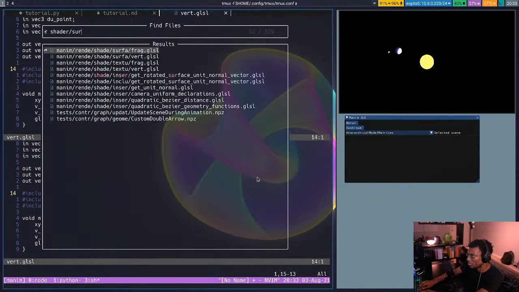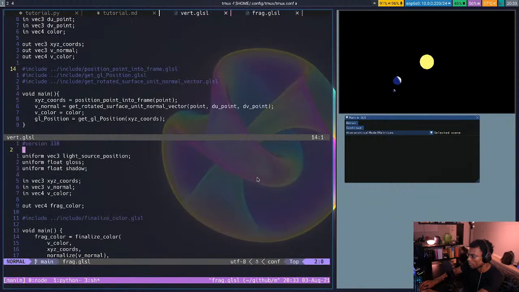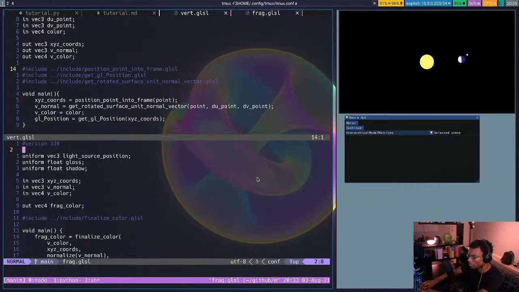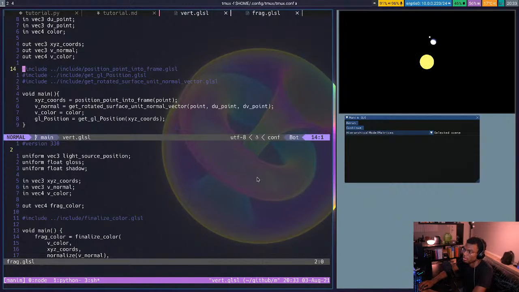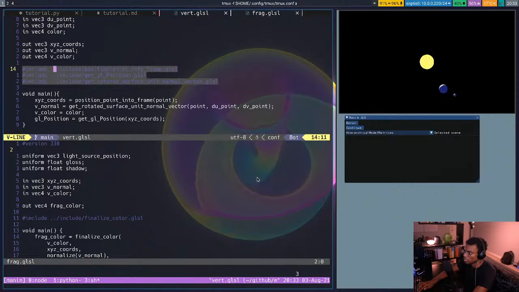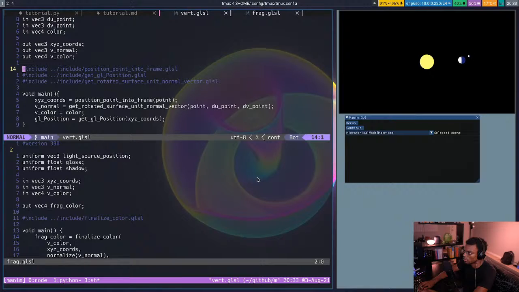Wait, let me see. This doesn't seem that bad, the fragment shader. The thing about this is that these includes, position point into frame, get GL position, don't know what this is, get rotated surface unit normal, are very non-standard functions that would be difficult to replicate.